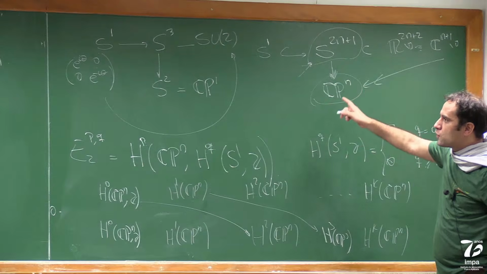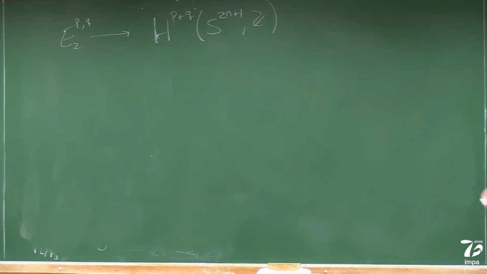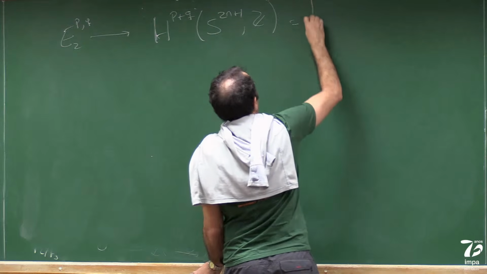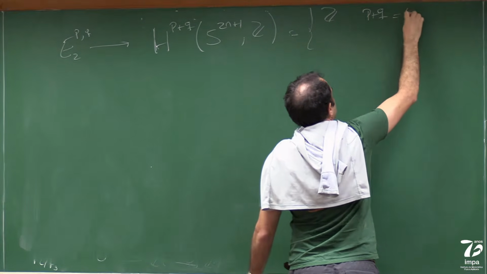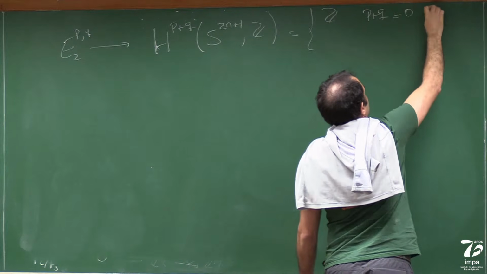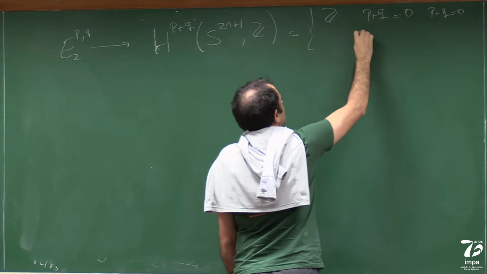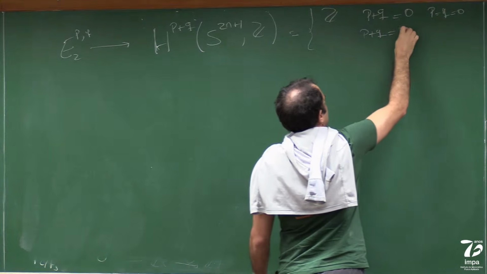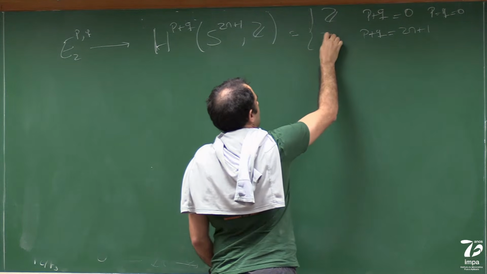So that thing should converge to something that only survives in degree 0, so this is Z if p plus q is equal to 0, which only happens if p is equal to q is equal to 0, or if p plus q is equal to 2n plus 1, or 0 otherwise.